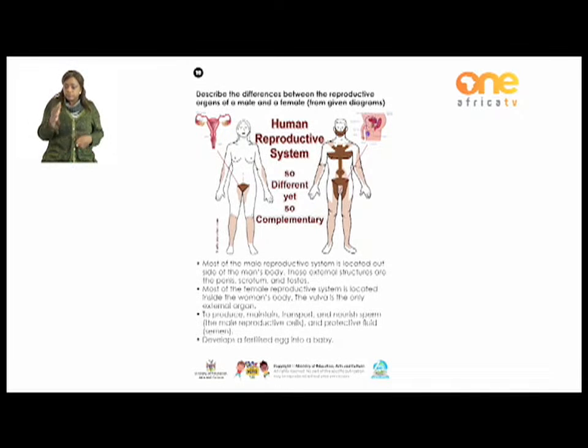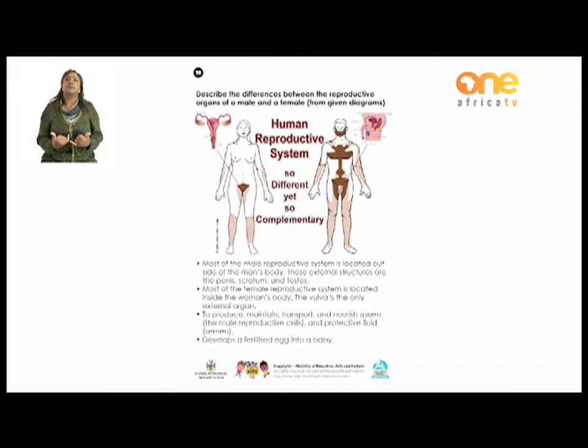And these external structures are the penis, the scrotum, and the testes. Most of the female's reproductive system is located inside the woman's body. The vulva is the only external organ, and it houses, yes, other organs, but it will be the only one visible from outside.